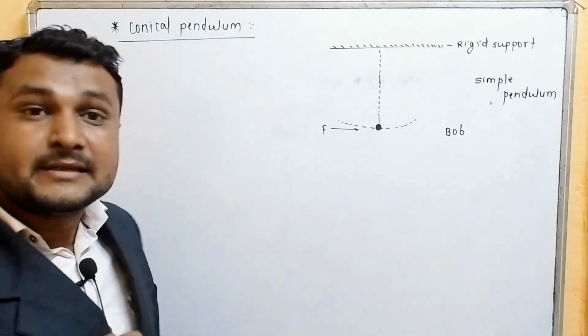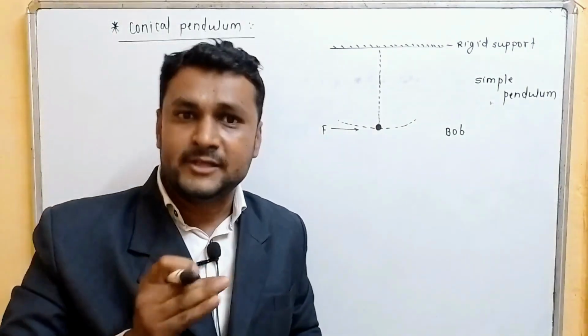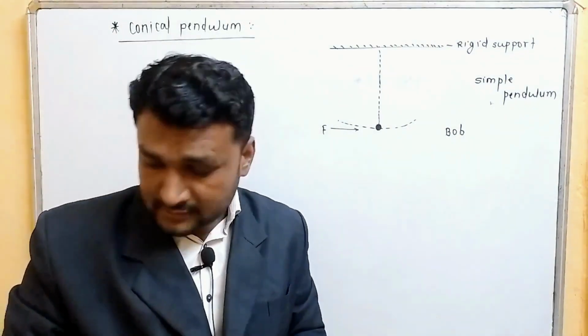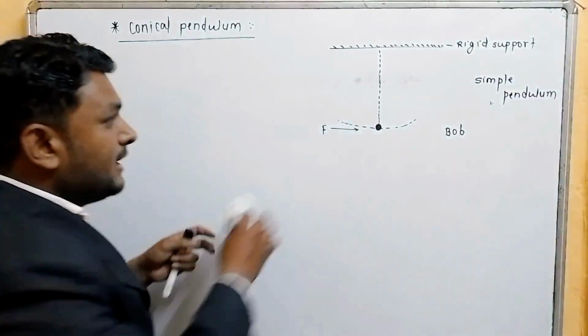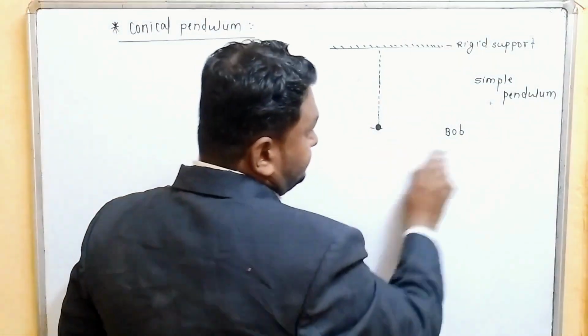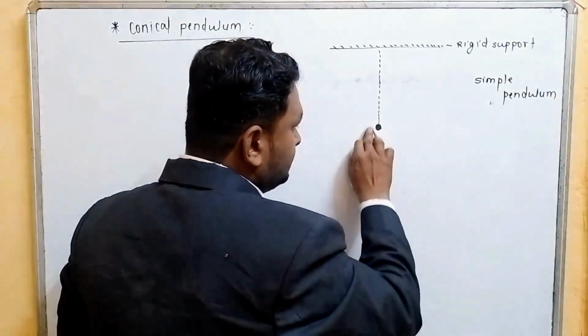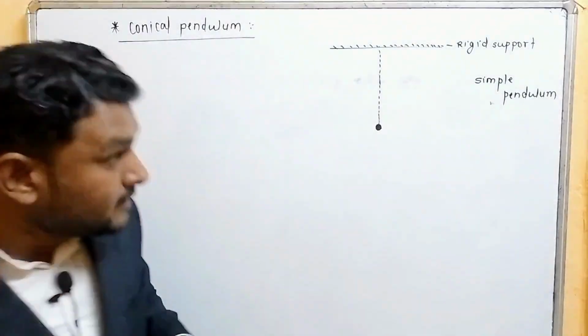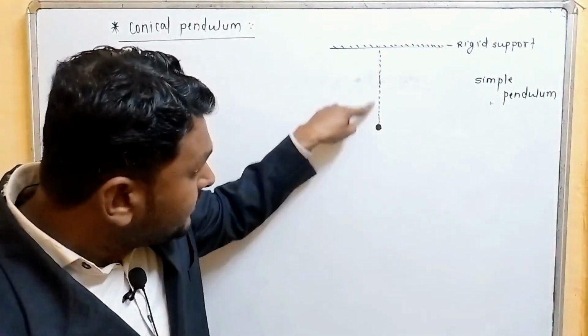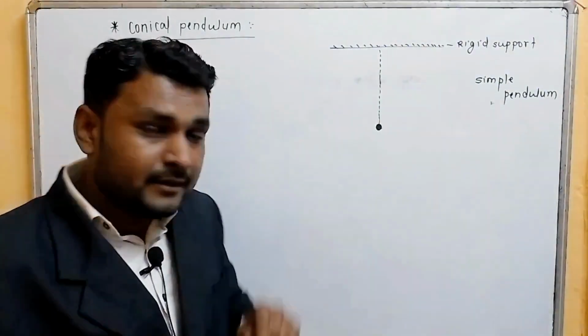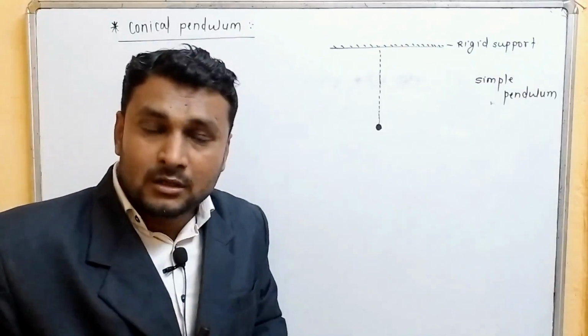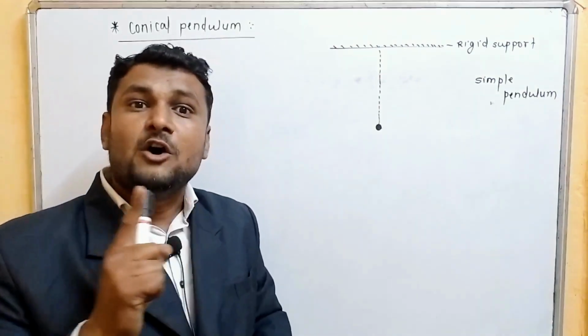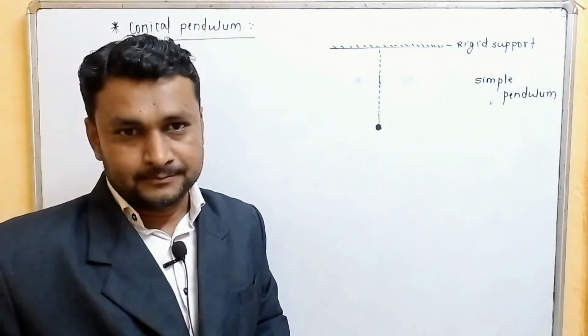But here we are interested to understand what is the conical pendulum. So for that, what will happen now? See here. This string can revolve along the surface of a right circular cone.